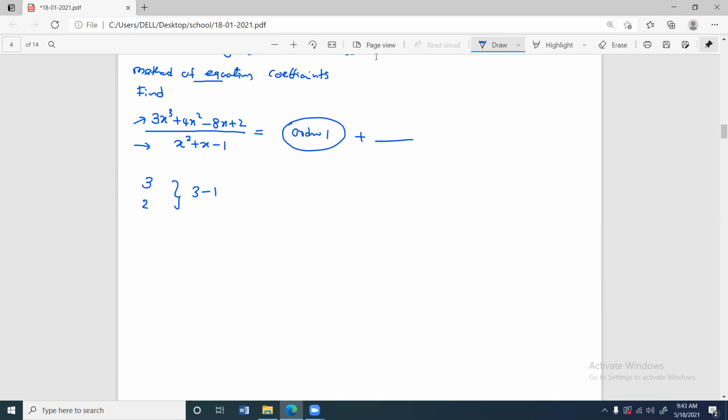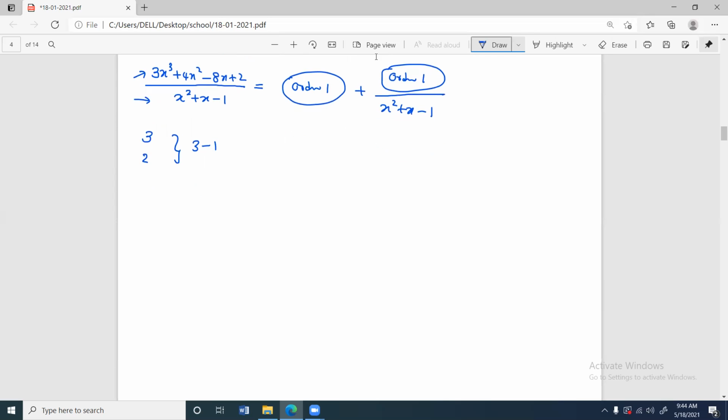Plus the denominator is x squared plus x minus 1. What would be the order of this? The order over here is 2, and here the order is also 1. To get this answer using the equating coefficients method, we use a technique like this: 3x cubed minus 4x squared minus 8x plus 2 divided by x squared plus x minus 1.